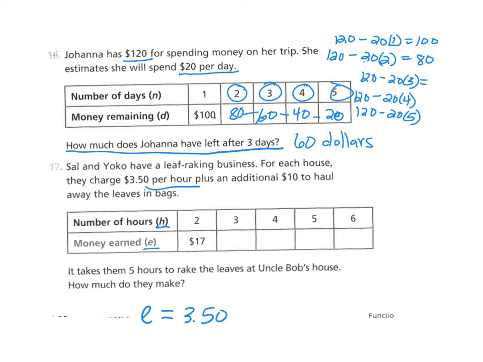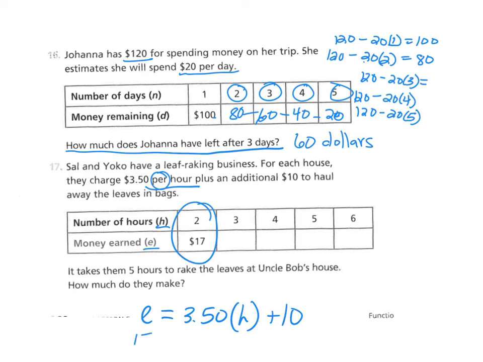When we see the per, we know there's going to be multiplication involved because it's multiple hours. So $3.50 times H, our hours, plus the $10. They're always going to charge the $10, so it's always going to be plus 10 after the amount of hours they spend.